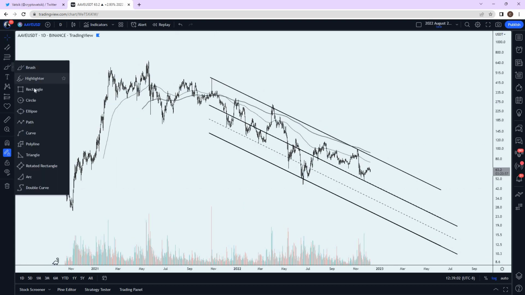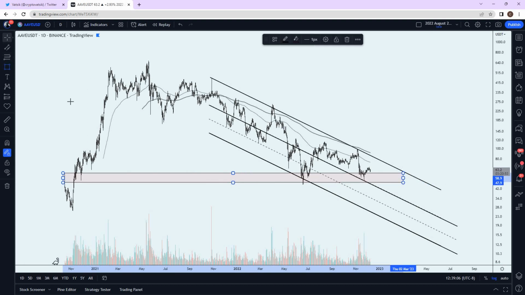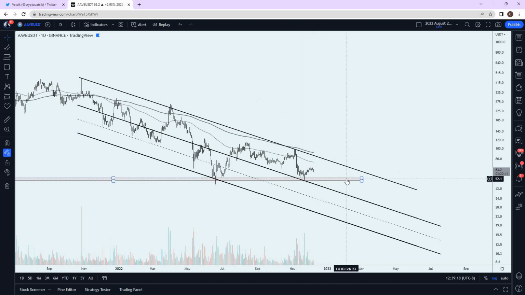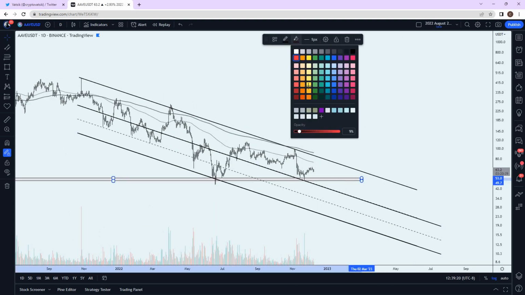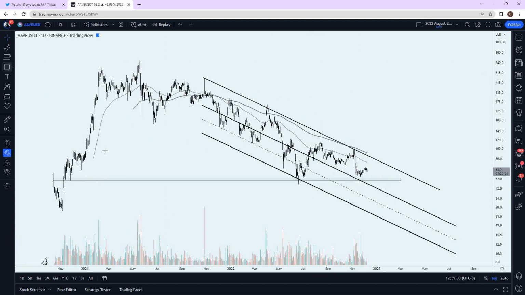Now, the next thing I'm going to do is mark out that area of support. Okay, so resistance flipped into support here, and then obviously our macro low back in June as well, and now we've tapped it again. So let's go ahead and make that green. So currently that's our macro time frame support, and now we're going to look at current macro resistance.